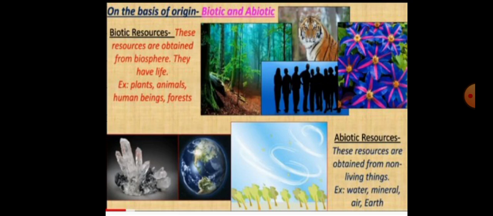As we just read, bio means life, and we have plants, animals, human beings, forests which have life, and after a point of time they cease to exist. Abiotic resources are those which are obtained from non living things. For example, the water, the minerals from the earth, the air, etc.